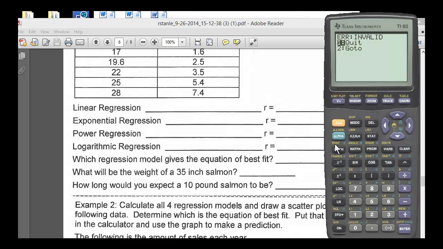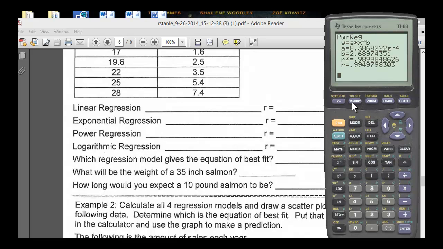That means I need to check one thing. First thing I always check is my stat list, but I got the equation, so I don't have to check that. However, I'm telling the calculator to find the weight of a 35-inch salmon, and my x values do not go to 35. I need to make that happen.